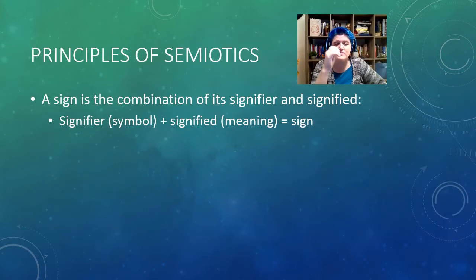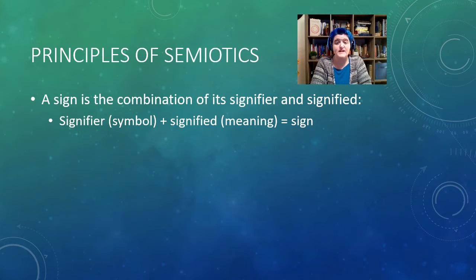All right, so let's go through some principles of semiotics. There are 4 major principles that I want to talk about here. And here's where we come back to that thing about signifier and signified. So the signifier, remember, that's the symbol, the actual written down thing or thing that you can see.